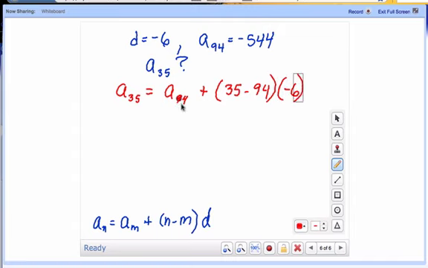Okay, so we're going to replace A sub 94 with -544. And we're going to go ahead and simplify everything after that. So we can go ahead and subtract, what is 35 minus 94? It's a negative 59. We're going to multiply that by a negative 6.